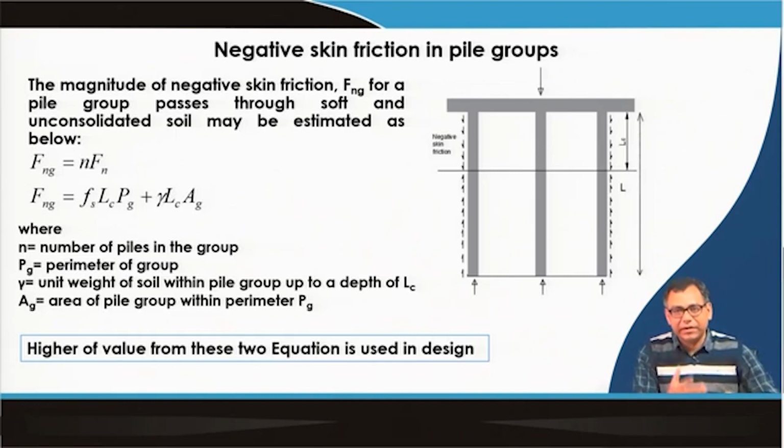The same way we determine the negative skin friction for the group pile as we did for the group pile load carrying capacity. First we calculate the negative skin friction for the single pile, then multiply it by the number of piles.